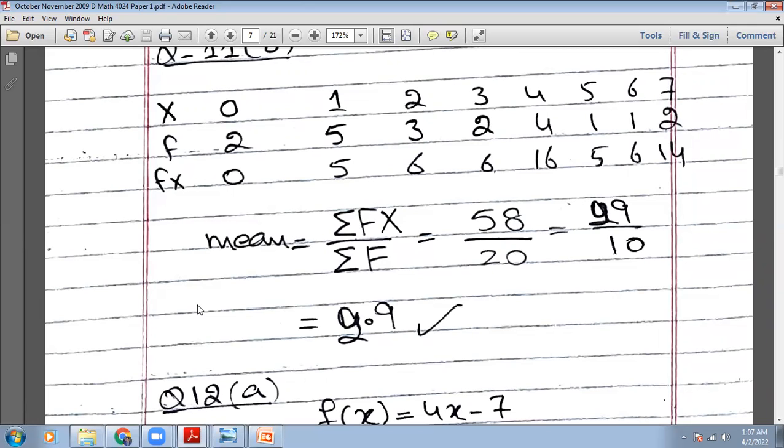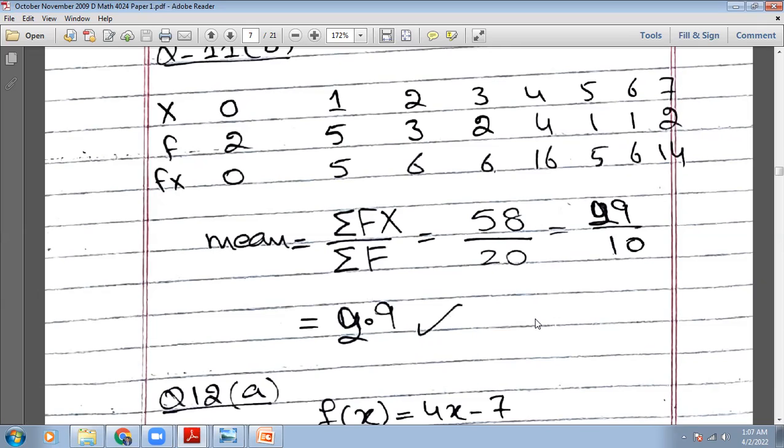And you know the mean is summation Fx divided by summation F. So add up all the values in the Fx. So you will have 0 plus 5 plus 6 plus 6 plus 16 plus 5 plus 6 plus 14, and that will be 58. Divided by the summation F. So add all the values in the frequency: 2 plus 5 plus 3 plus 2 plus 4 plus 1 plus 1 plus 2, and that will be 20.